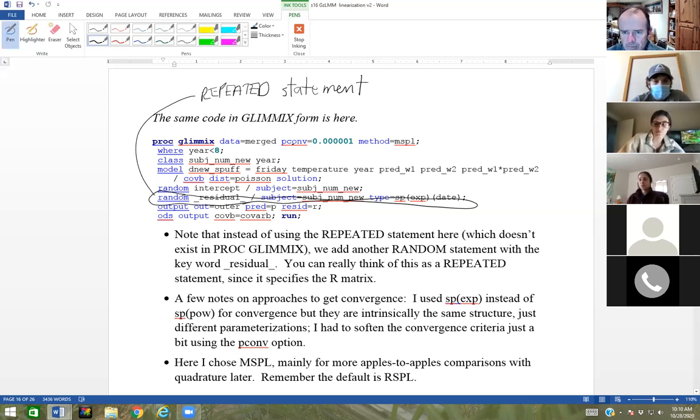One thing that you'll notice is I have a pconverge or pconv argument here. And that is because I had trouble with the criteria of convergence. It didn't work with the regular convergence, so I softened it just a little bit. And obviously you have to be careful when you do that, because then you may get convergence to not the correct estimates.